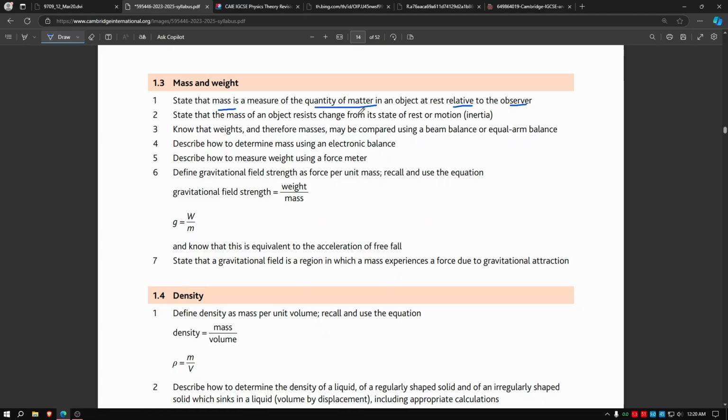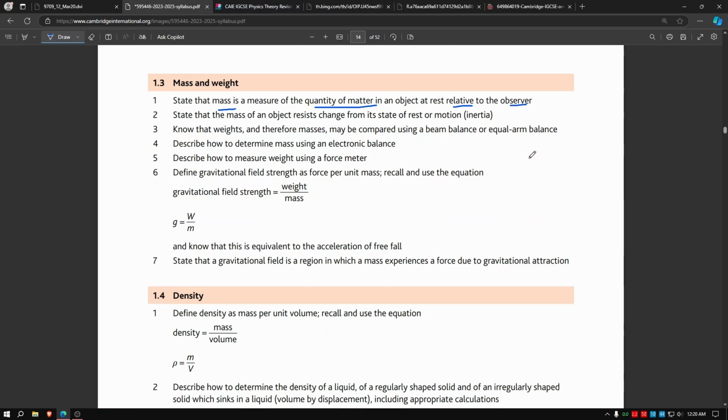So, quantity of matter. If you have studied physics before, matter basically means the amount of particles or substance in an object or something along that line. When they say quantity, they mean the number or the amount of matter.